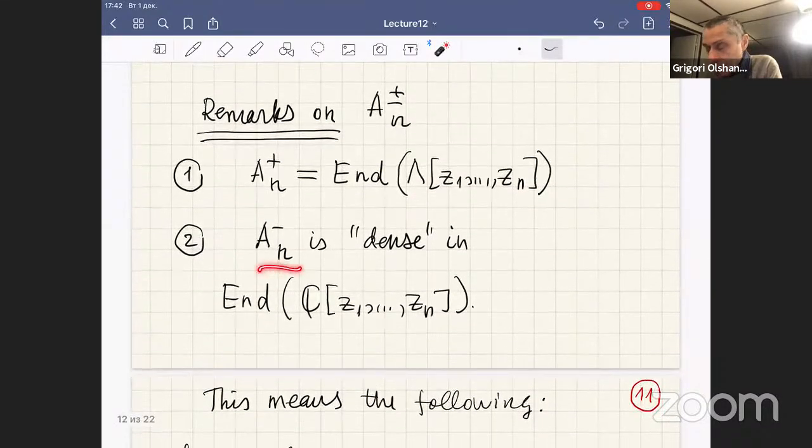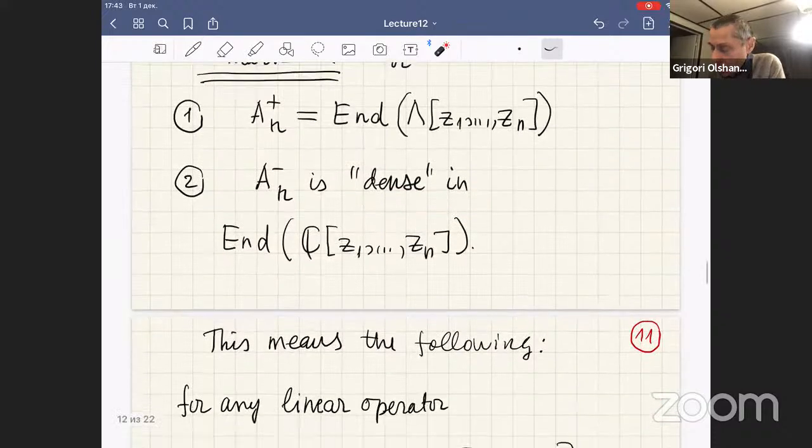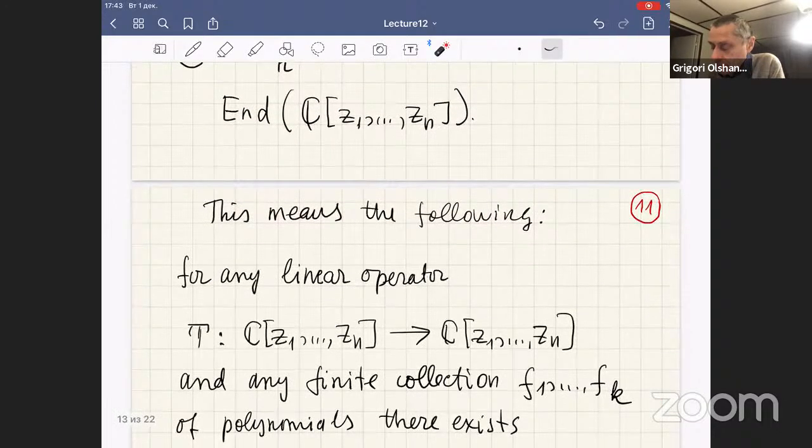In the minus case, the case of ordinary differential operators, it's not true. This is a proper subalgebra here, but nevertheless it is dense in this algebra. What does dense mean? The definition is as follows.